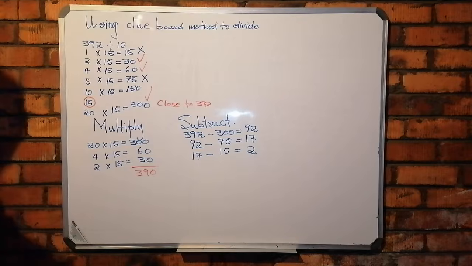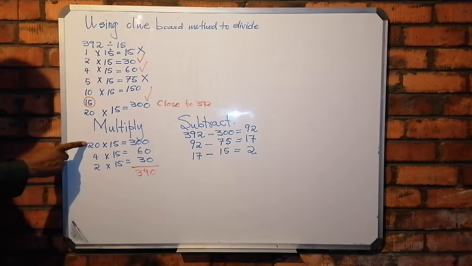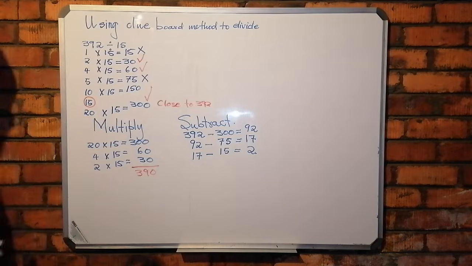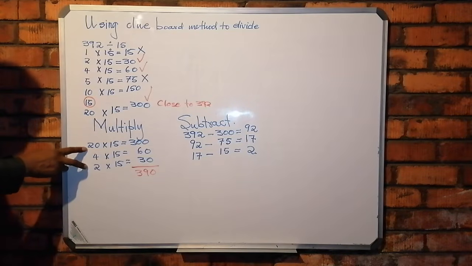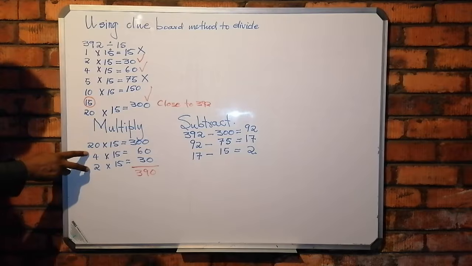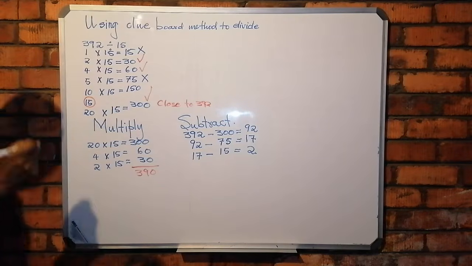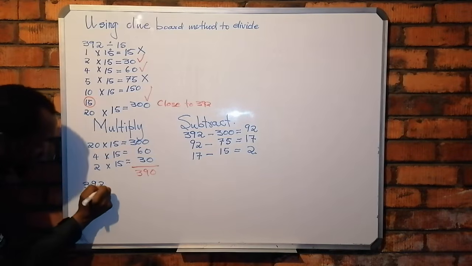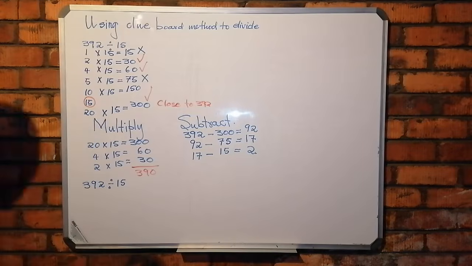Now, next step, my mummies. I'm going to take this and that and that. I add them. When I add them, my belief is that when we add these, let me write this first. I want to know what is 392 divided by 15.